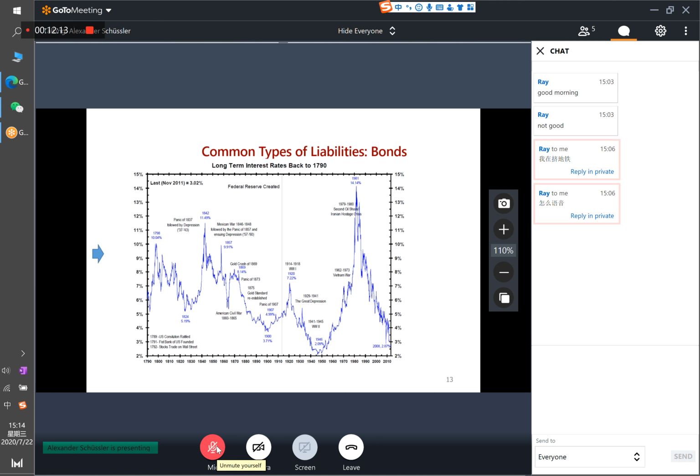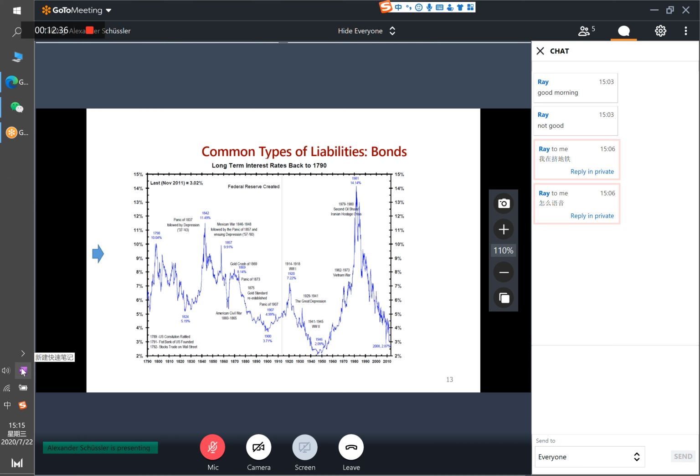Here you see how the interest rates have changed. The market interest rates have changed over the years, and this is the long-term interest rates. You see that they have moved a lot, and currently the interest rates are very low, as you know, but there were other times.